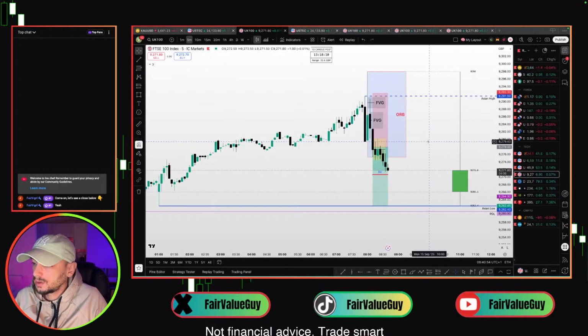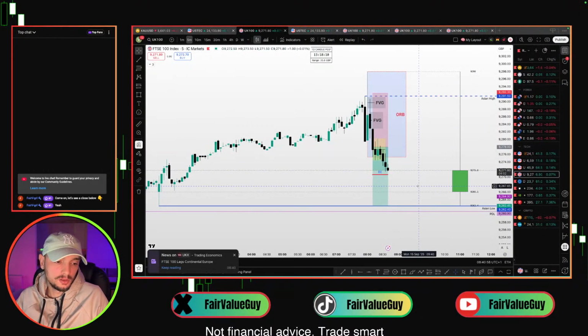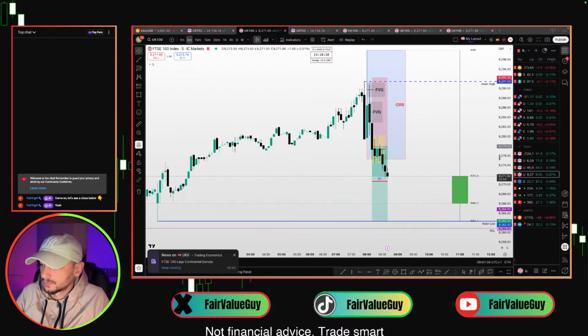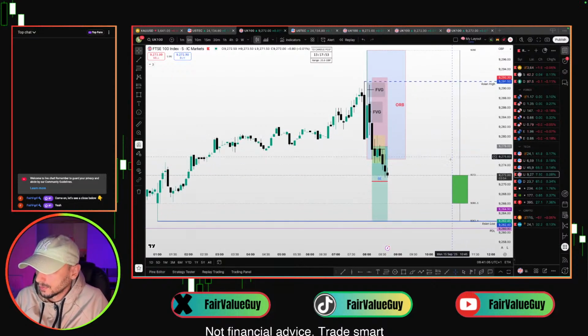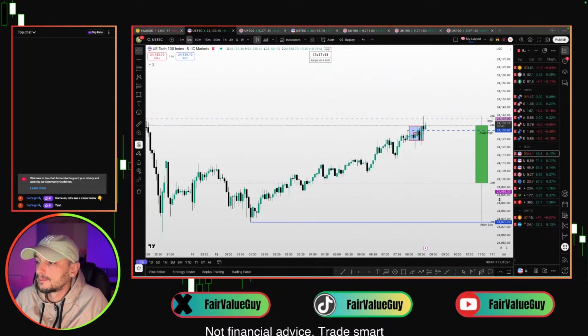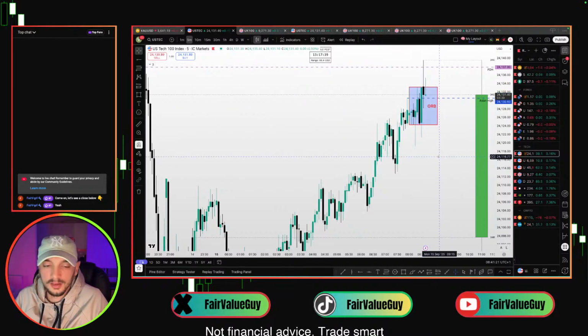Now I think on UK 500 we can say that we have a candle closing on the 5-minute ORB as well, very good, below, and we're very close to the break-even point. Nasdaq is just scandalous.